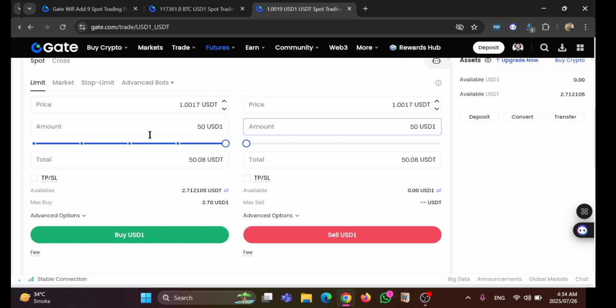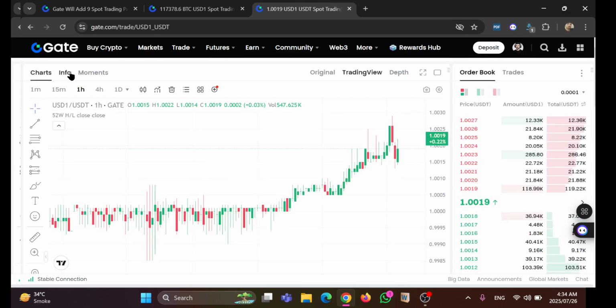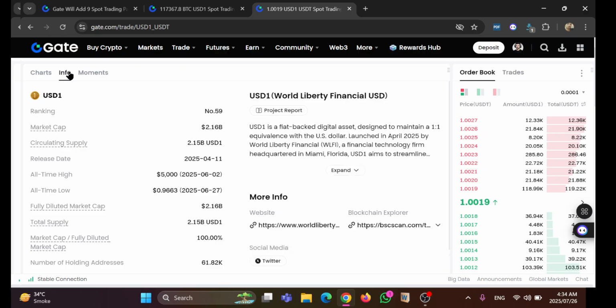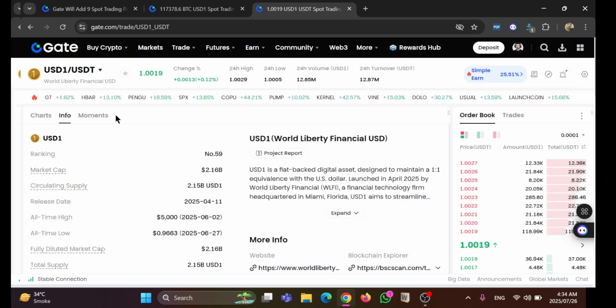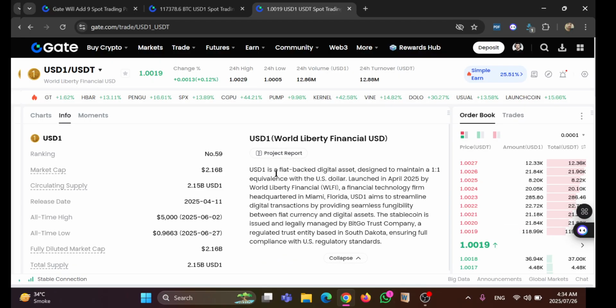If we see USD1, then let's get information about USD1. USD1 World Library Financial Project Report. USD1 is a fiat-backed digital asset designed to maintain a 1-1 equivalence with the US dollar, launched in April 2025 by World Library Financial, a financial technology firm headquartered in Miami, Florida.